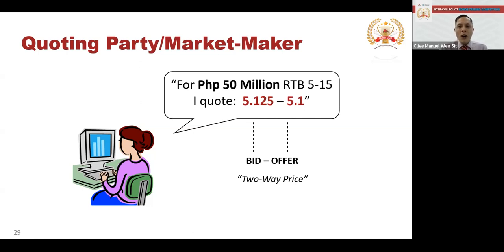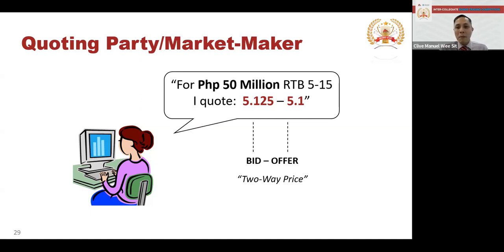Now, on the flip side, if this was quoted again for 50 million RTB 5-15, I quote 5.125 bid, 5.1 offer, and I am a client, the calling party, and I want to sell, I'll say, "yours." Yours means I'm telling the quoting party that I am hitting his or her bid at 5.125%. That is the terminology you will be using once you go to round two when you're dealing with one another.